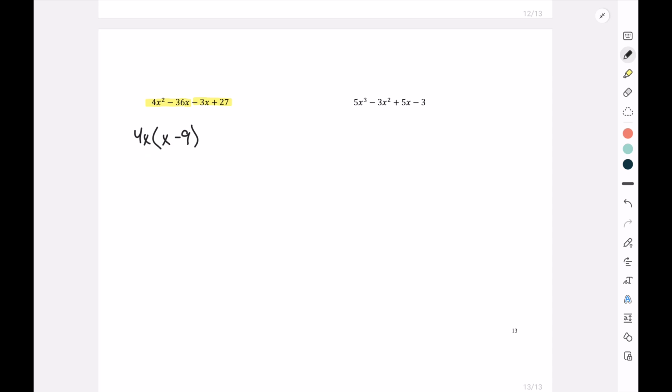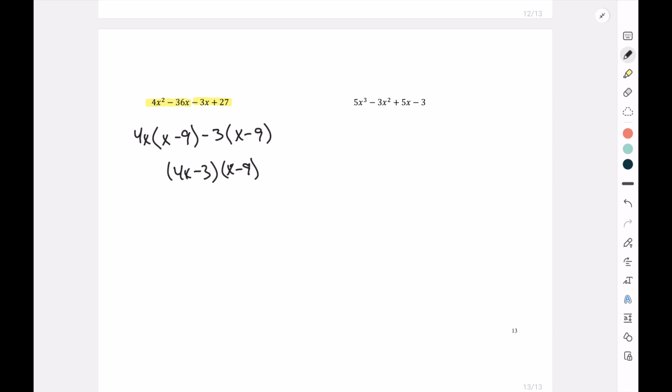And since we want this x minus 9 to come back, we can pull out a negative 3, and we would have an x minus 9 back, and our answer would be 4x minus 3, x minus 9.